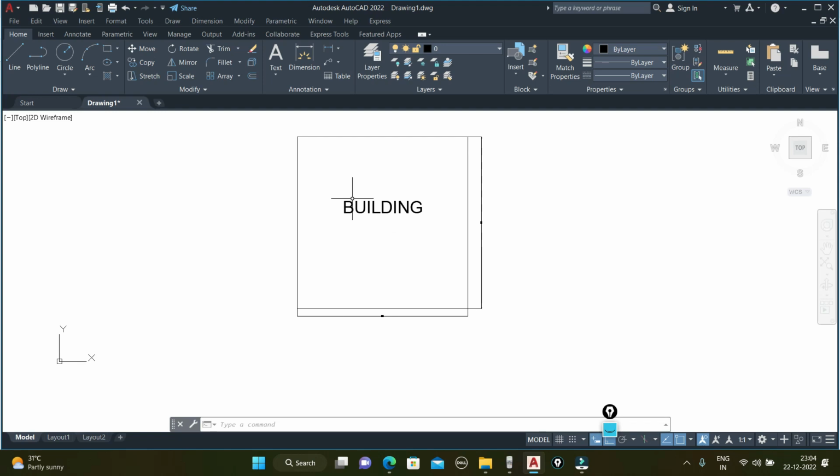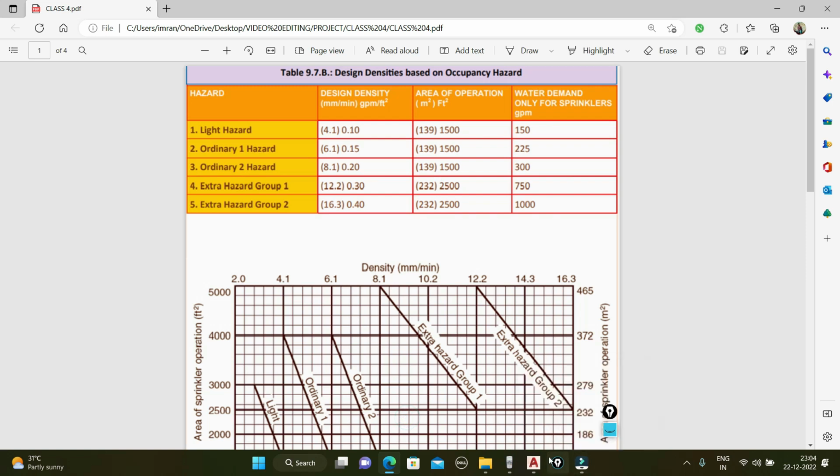If this building comes under light hazard, then we will consider only this 1,500 square feet in the designing.